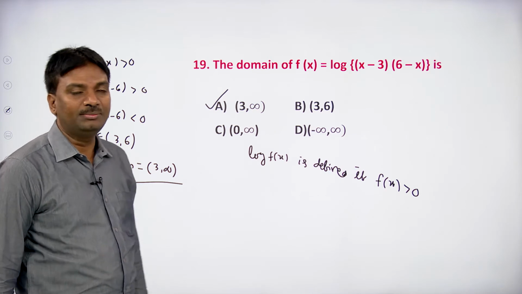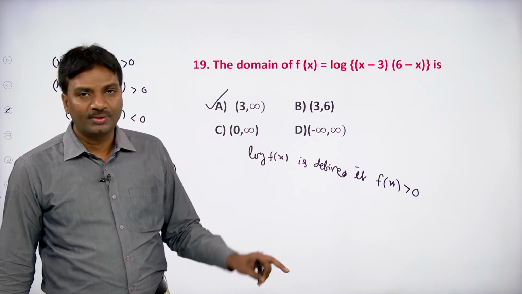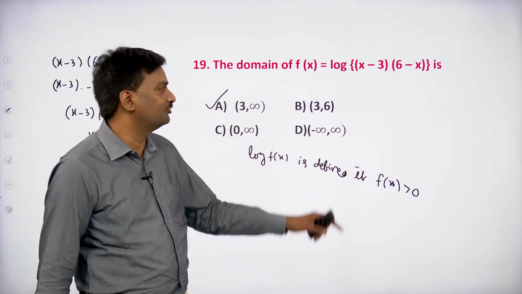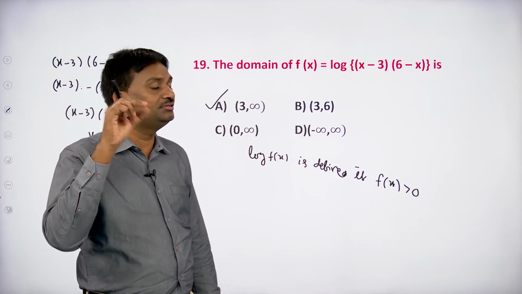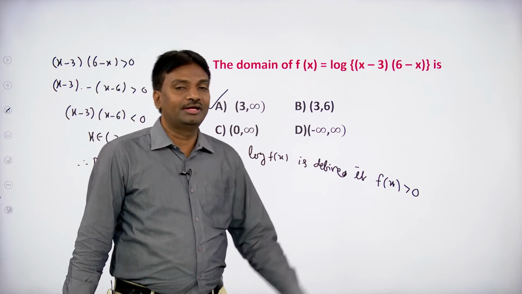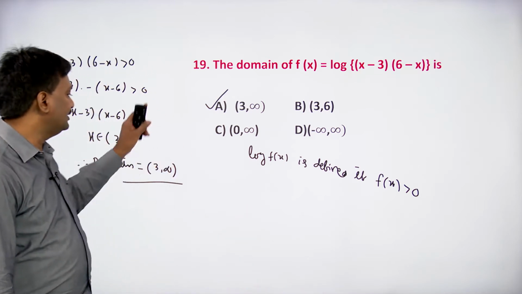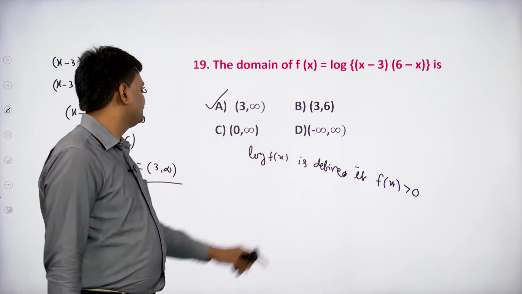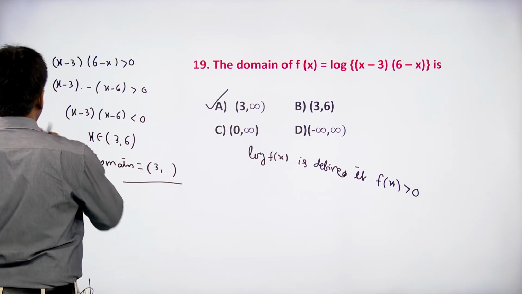Remember, logarithmic functions are defined only for positive real numbers. So log of (x minus 3) into (6 minus x) is defined only when (x minus 3) into (6 minus x) is greater than 0. By simplifying, we get 3 comma 6.